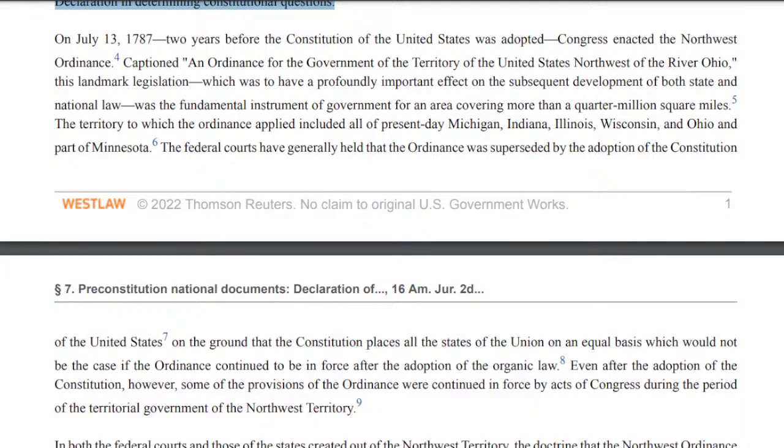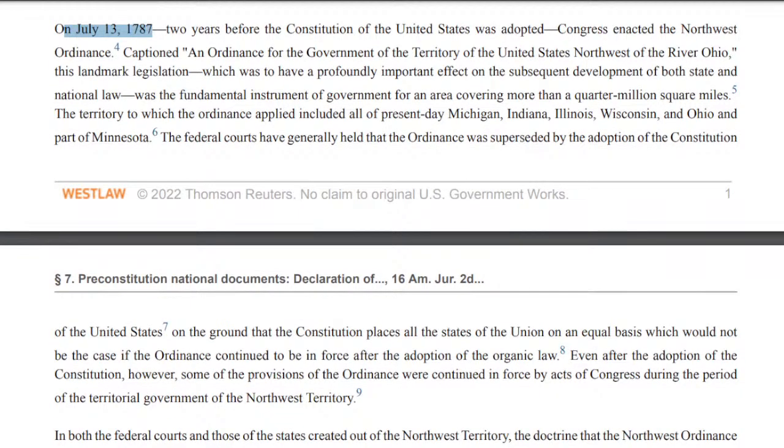Okay, so on July 13th, 1787, 2 years before the Constitution of the United States was adopted, Congress enacted the Northwest Ordinance, captioned "An Ordinance for the Government of the Territory of the United States Northwest of the River Ohio."